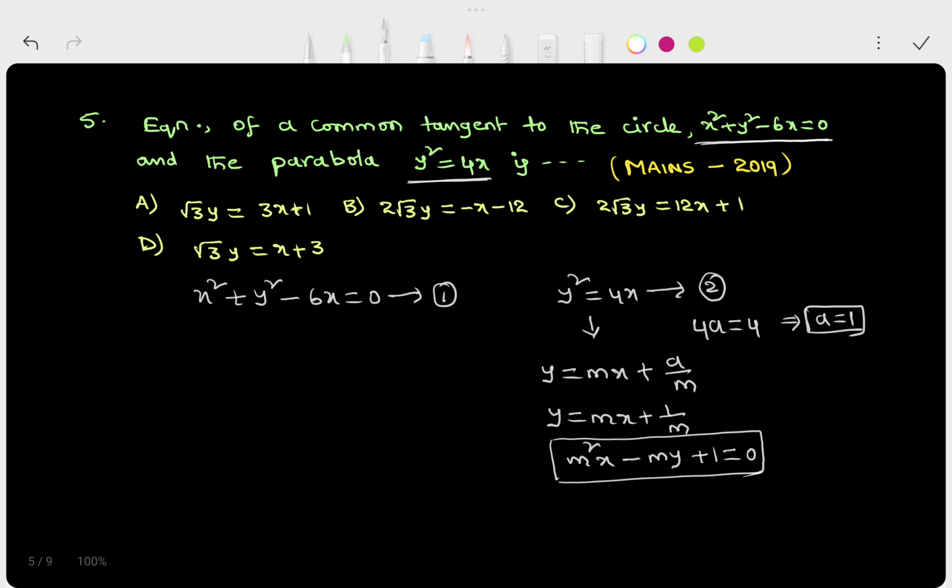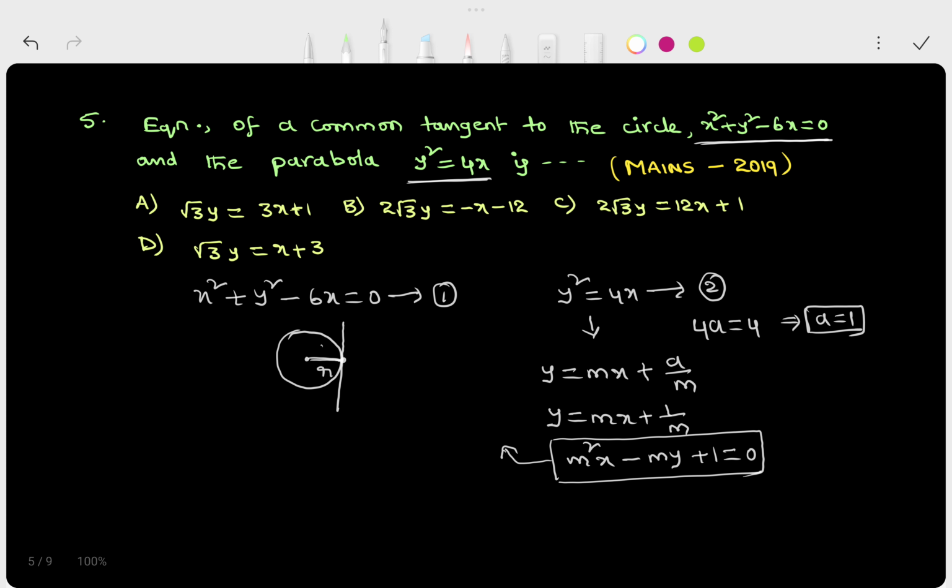Now this equation is a tangent to equation 1. So you know, in circles, if any line is a tangent to the circle, then r is equal to d.